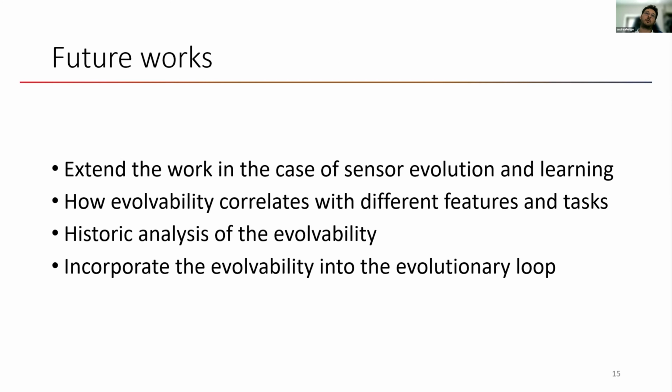We also want to incorporate the evolvability into the evolutionary loop, in particular in the selection process. So, for example, selecting a set of solutions from the classic archive of the population, and a set from the evolvability archive. Thanks for your attention.